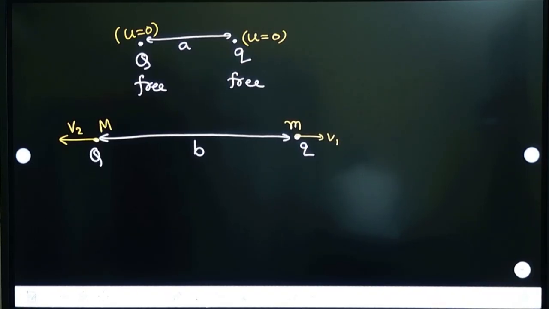Delta p equal to, but it is changing now. The momentum is also changing with time.